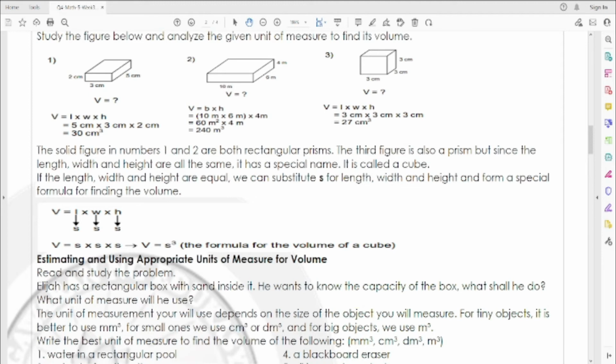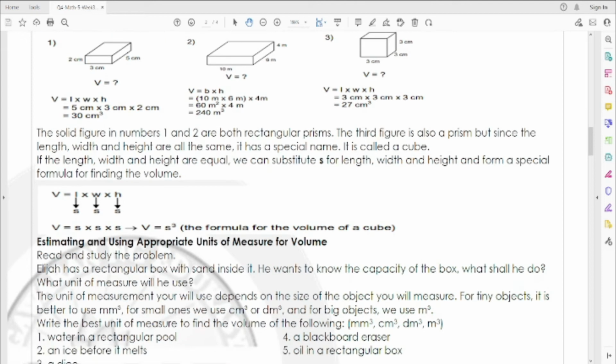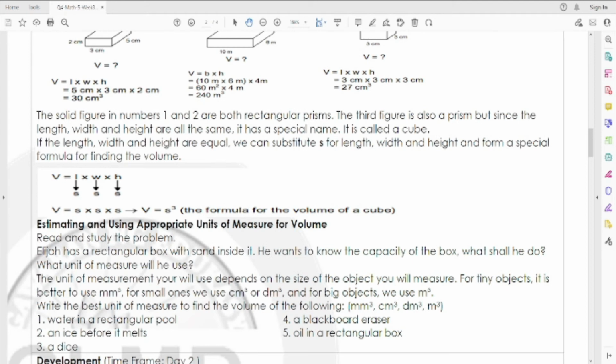If the length, width, and height are equal, we can substitute S for the length, width, and height, and form a special formula for finding the volume. Like this, volume is equal to S times S times S instead of L times W times height. So, S to the third power is the formula for the volume of a cube.